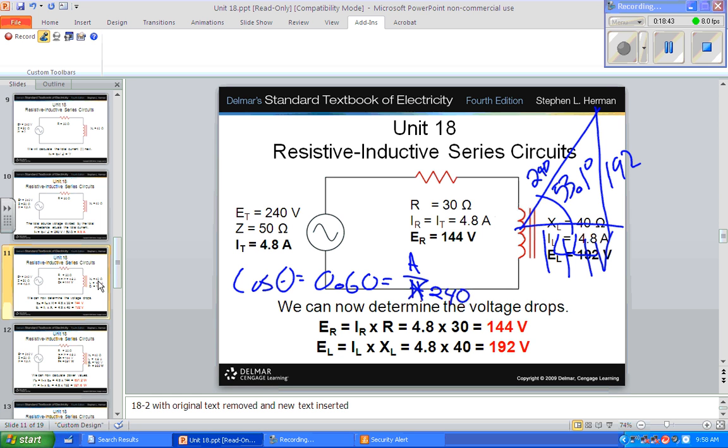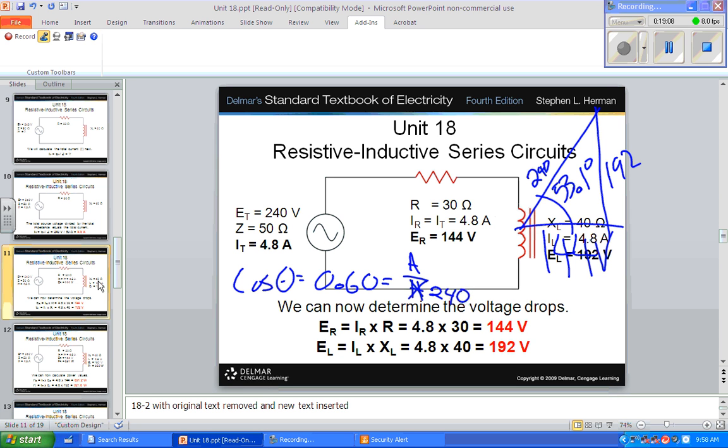Because they do not happen at the same time. The inductance and the resistance are out of phase, remember? Remember the wave going up and coming back down and then going back up? That's what the power is doing. But remember that the resistance and the inductance are out of phase around 90 degrees.